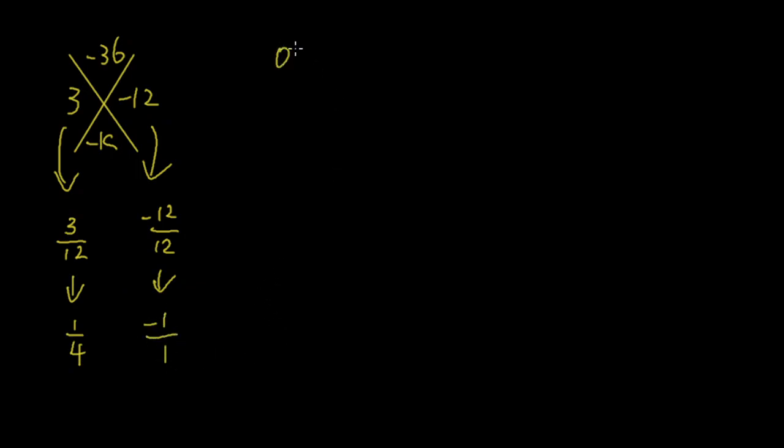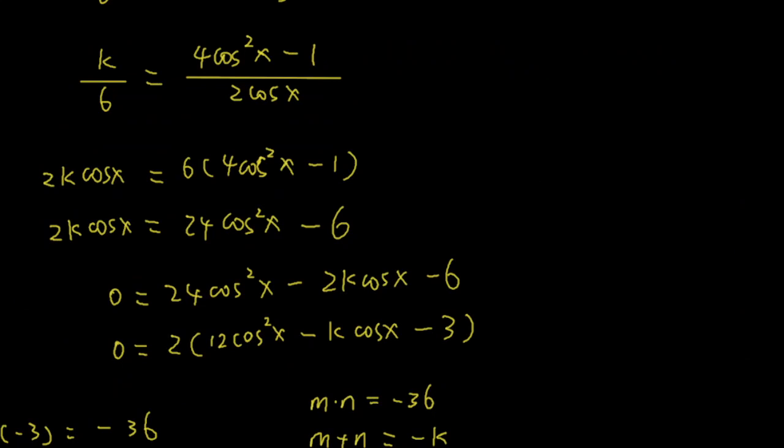Now let's write the potential factor form here. 2 times 4 cosine x plus 1 times cosine of x minus 1. Now notice that this will be a problem, because 4 cosine x times cosine of x is 4 cosine squared x, times 2 will be 8 cosine squared x. In fact, we have 24 cosine squared x.